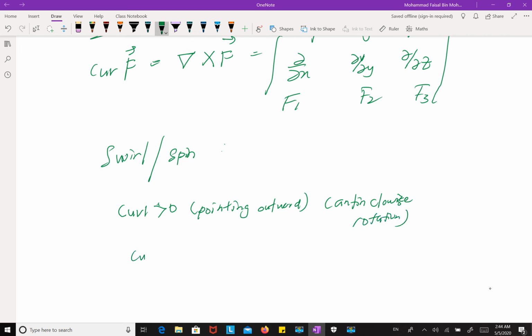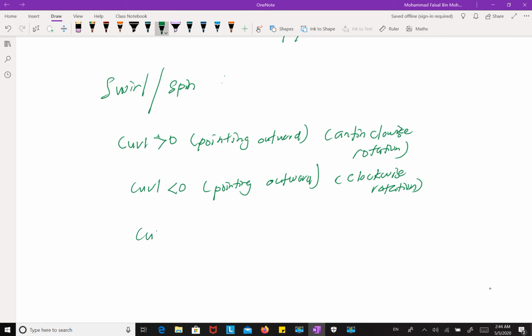If the curl is less than 0, it is pointing the other way around, that is, pointing downward, but the rotation is clockwise. Then if curl equals 0, there is no rotational motion.